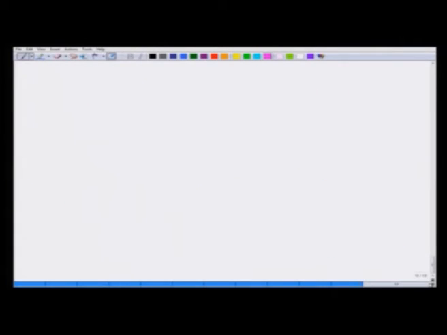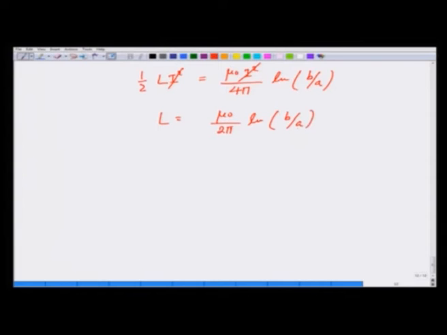This by definition should be equal to 1/2 L I square. So, 1/2 L I square is equal to mu 0 I square over 4 pi log of b over a. I square cancels and I get L equals mu 0 over 2 pi log of b over a. Let us see if this makes sense.